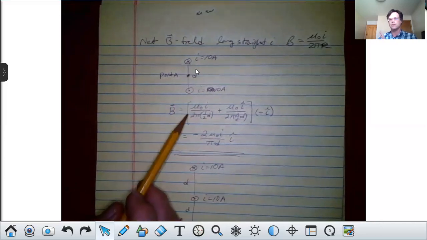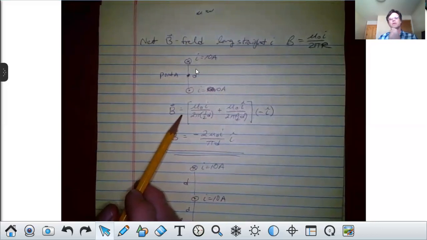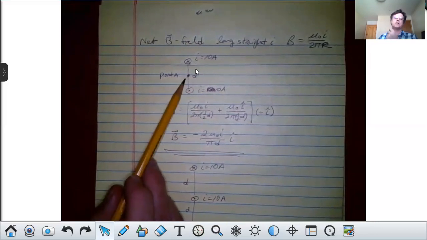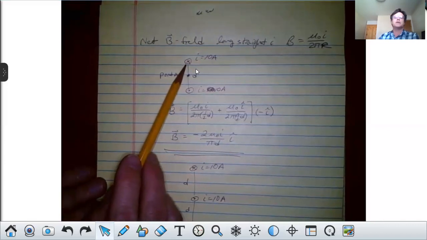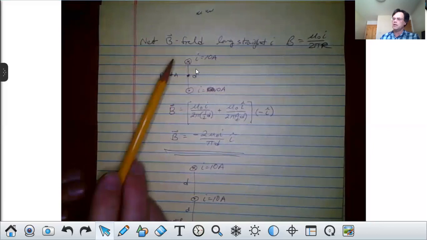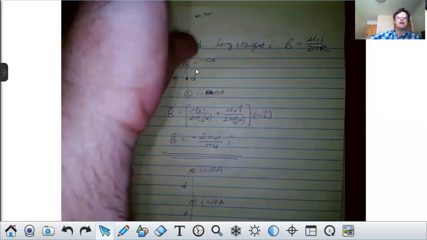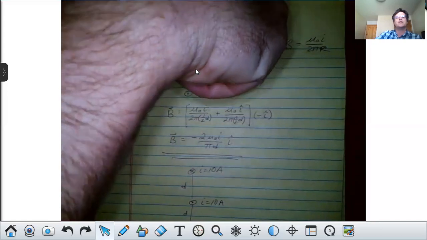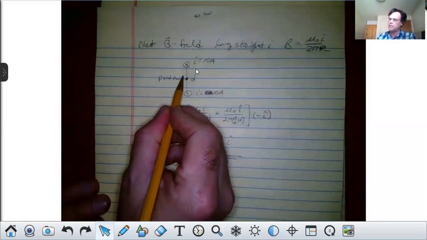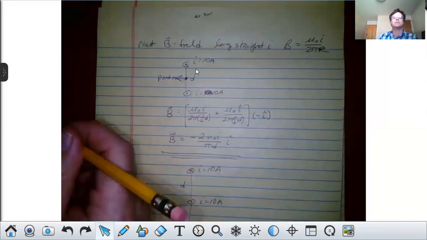So the point is here that magnetic fields are vectors, vector fields, and we need to add the vector components at each point from each current. So looking at the current from the top going in, using our second right-hand rule, thumb into the page, fingers curl around, the magnetic field from the top will be going to the left.